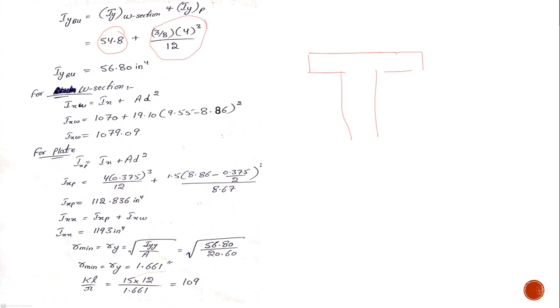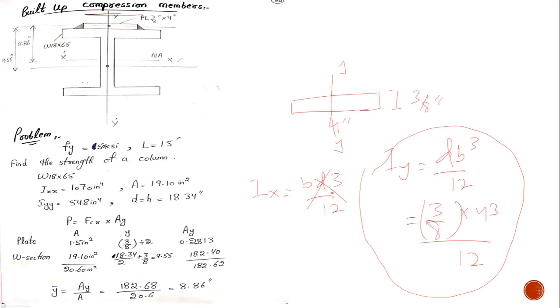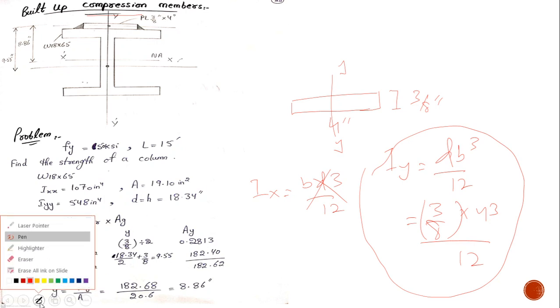I have just taken the summation of Iy of the plate and Iy of the W section. Why just a summation? Because there is symmetry along the y-axis. If there was no symmetry along the y-axis, I could not have simply added them up. So I of the built-up section along the y-axis would be simply Iyy of the W section, which is given as 54.8, plus dB cubed by 12.